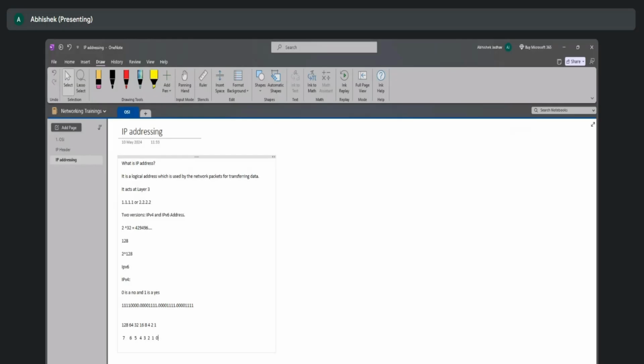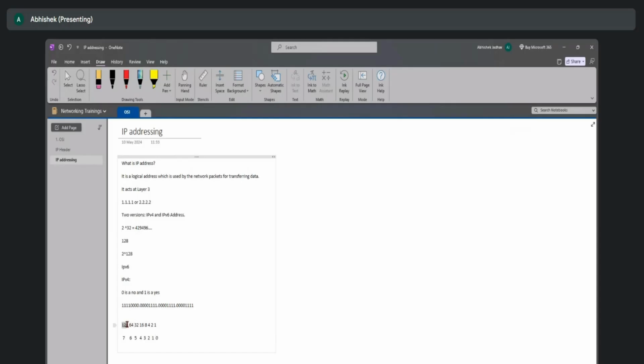I told you that what we have here is divided into octets, right? When you divide each octet, everything starts from 0. So 0, 1, 2, 3, 4, 5, 6, 7. And 2 to the power of 0 is 1, 2 to the power of 1 is 2, 2 to the power of 2 is 4, and so on and so forth.